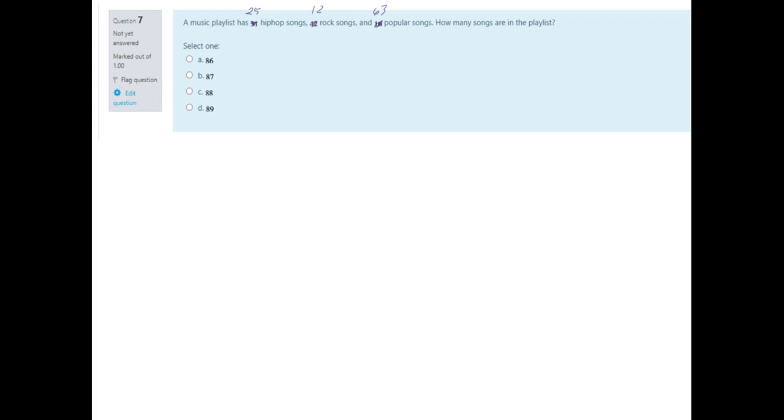And so basically we can create a little equation to be able to do that. I want to know how many hip-hop songs and how many rock songs and how many pop songs. Remember, the plus sign just means and then count up a certain amount.